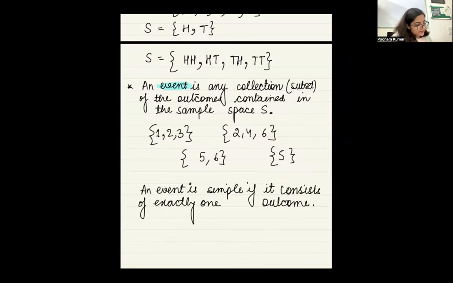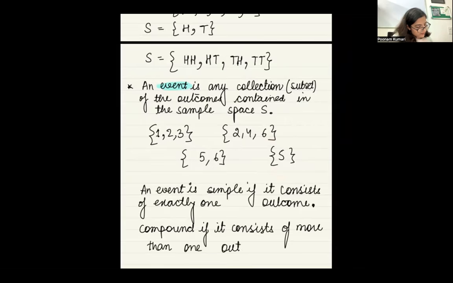Okay. And it is called compound if it consists of more than one outcome. So an event is a simple event if it consists only of a single outcome. It is called compound if it has more than one outcome.